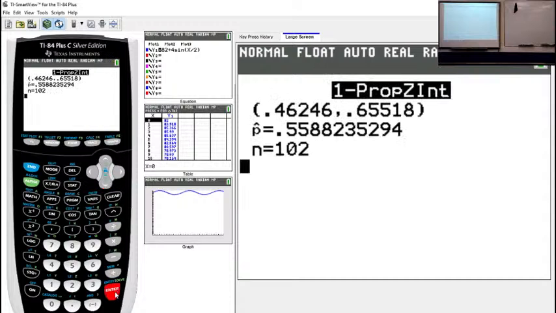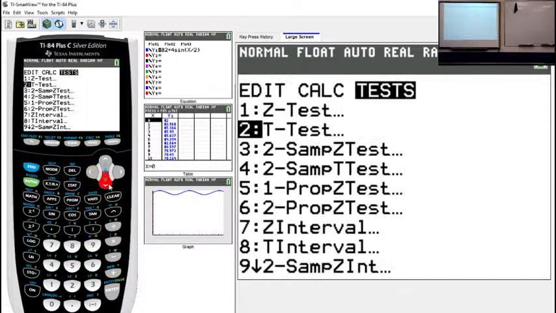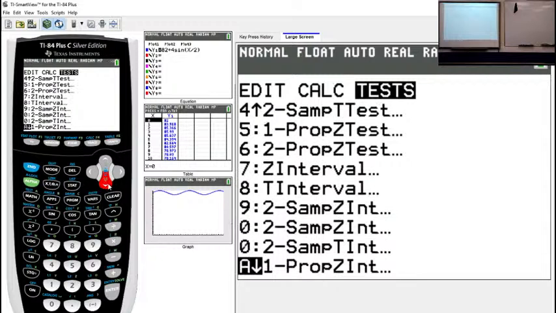There it is. Wait, sorry, can I see the inputs again real quick? I clicked enter twice on accident. So to show that one more time, we're scrolling down to 1 proportion z-interval.